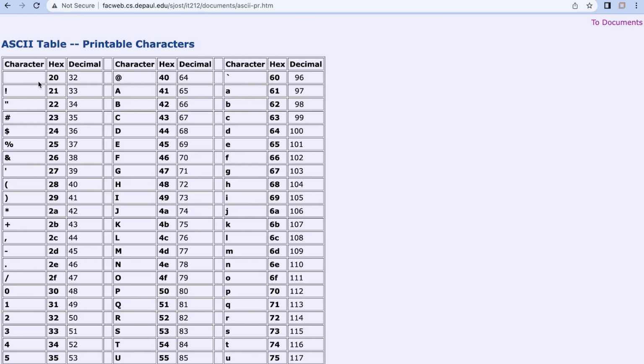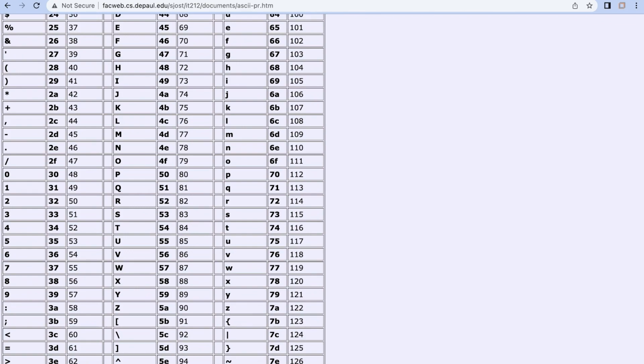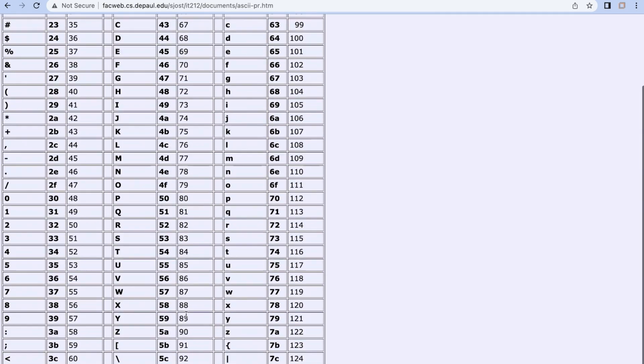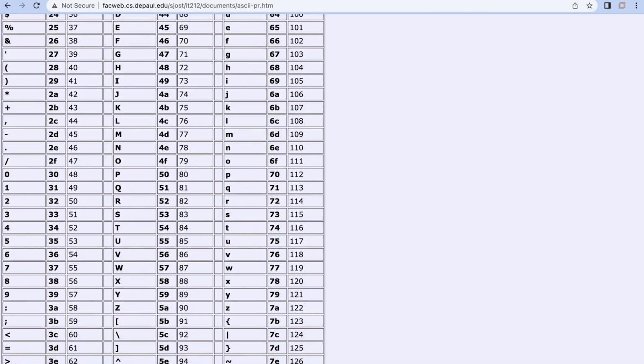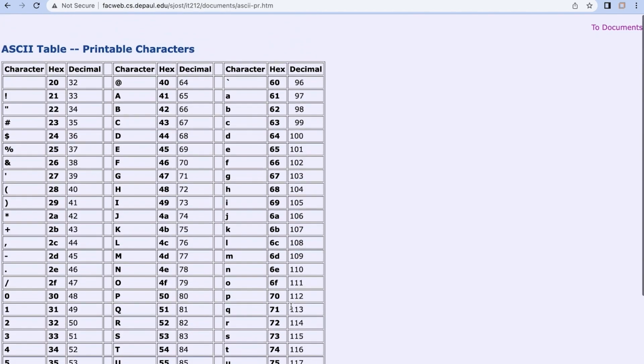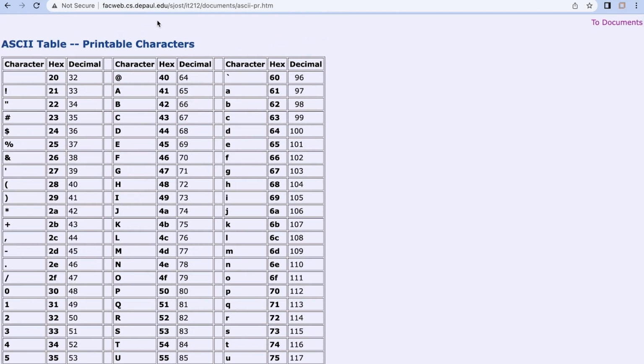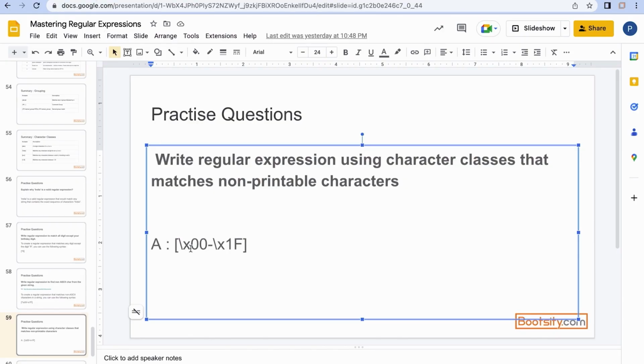From the printable characters we can see that hexadecimal value 20 is there and it runs up to 127. So 127 decimal, which is equivalent to 7f hexadecimal. So we can write a regular expression that will look like \x00 running up to 1f.